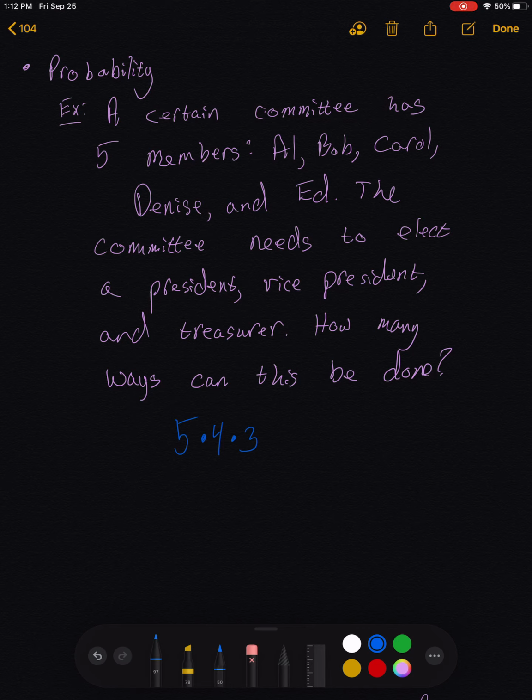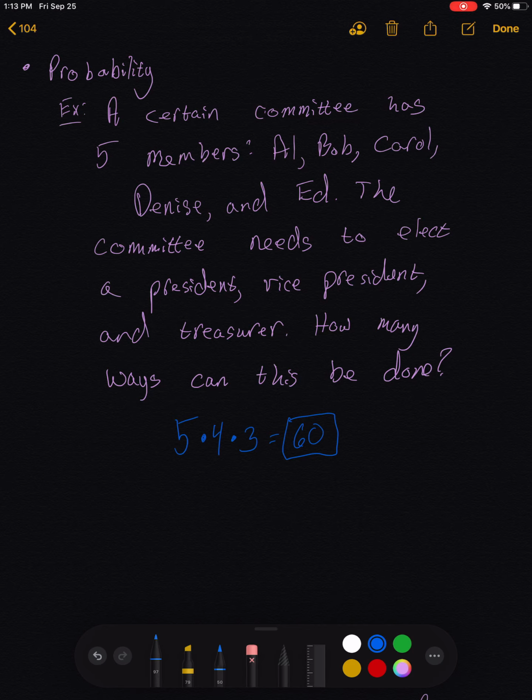And again, that's what is meant by the question, how many ways can this be done? So 5 times 4 is 20, 20 times 3 is 60, and so there are 60 different possibilities for a president, vice president, and treasurer chosen from this group of Al, Bob, Carol, Denise, and Ed.